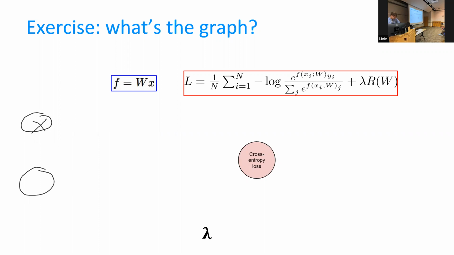W, all right. Okay, and someone other than Travis. What should be our next node in the computation graph? Matrix multiply, good. And then which nodes will feed into that node? X and W.